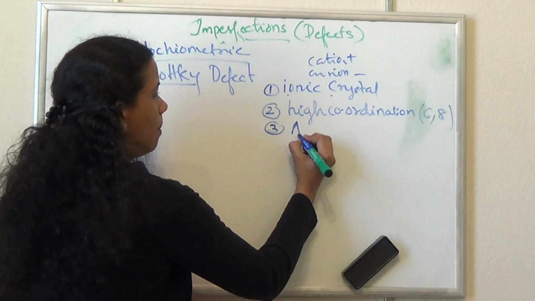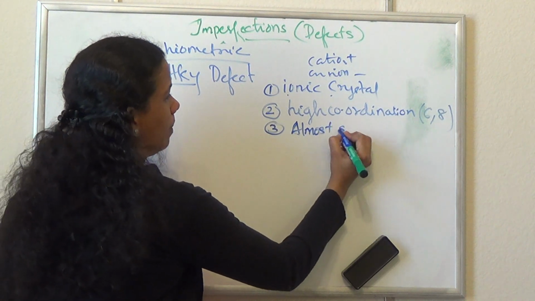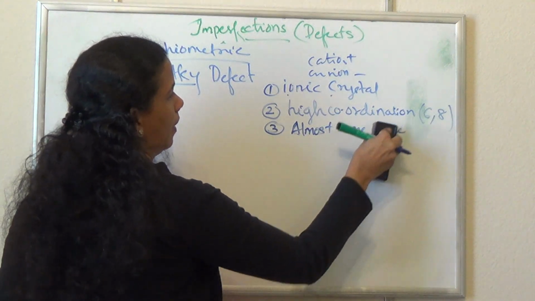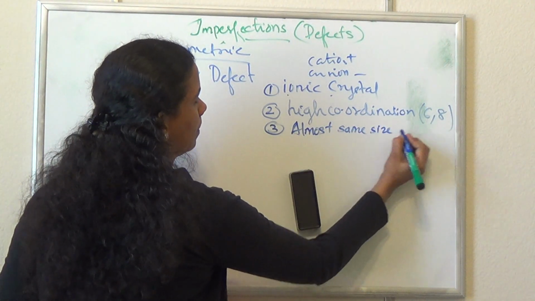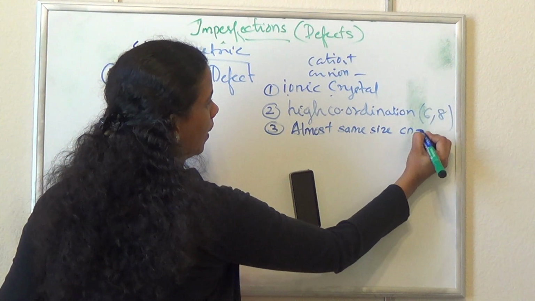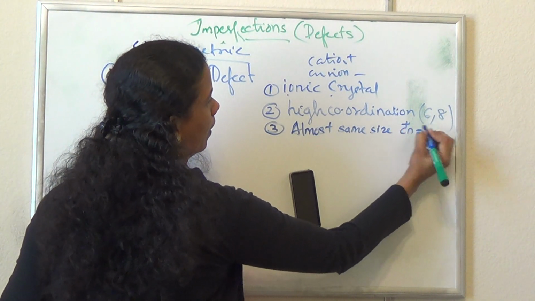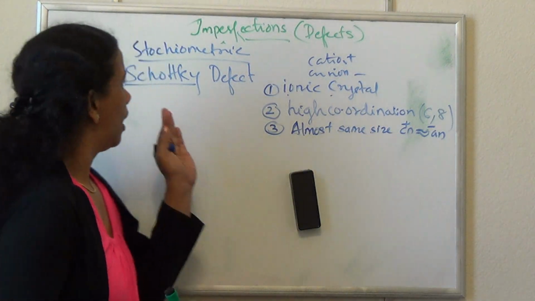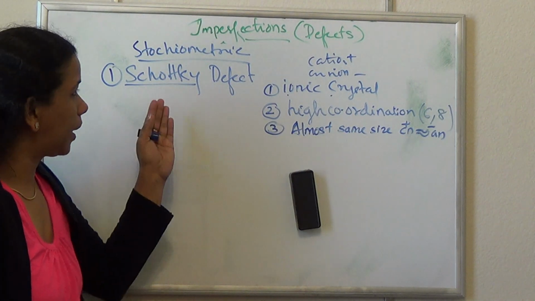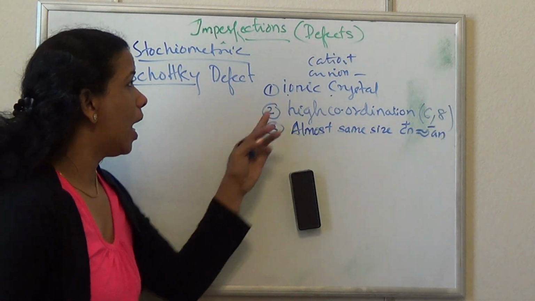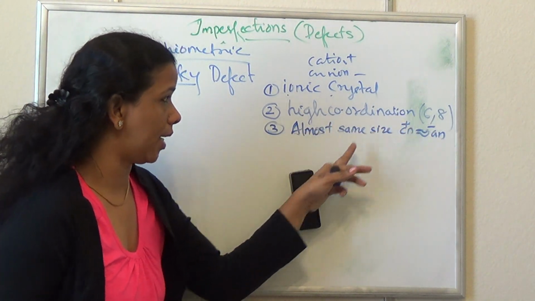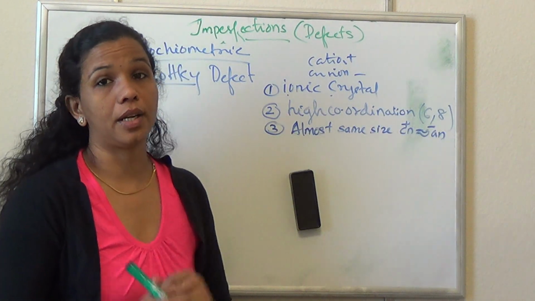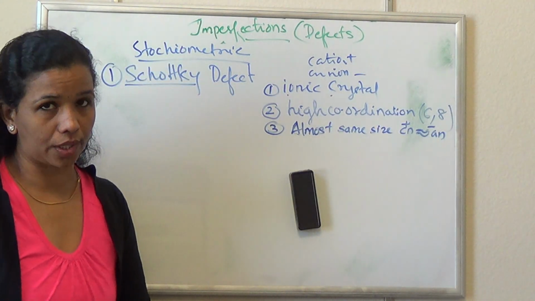That is, almost the same size, not always the same, of cation and anion. These are the three conditions to exhibit Schottky defect. Schottky defect is normally shown by ionic crystals with high coordination number and almost the same size of cation and anion.